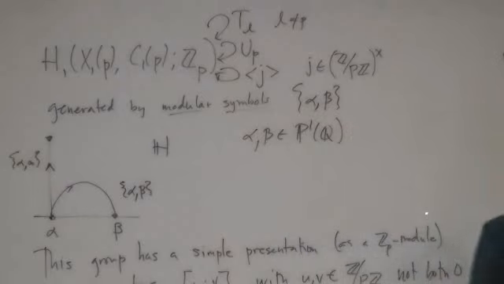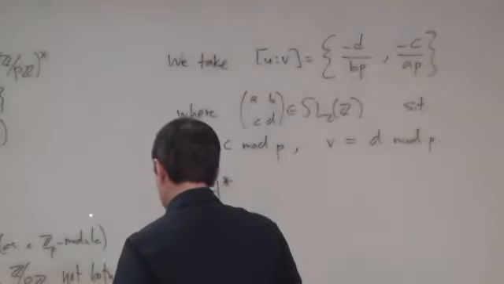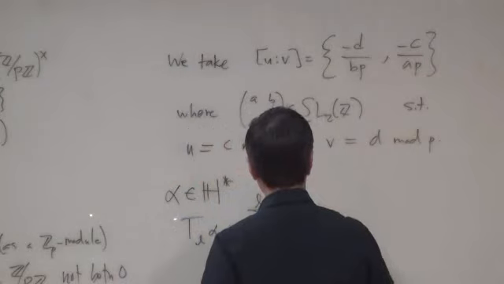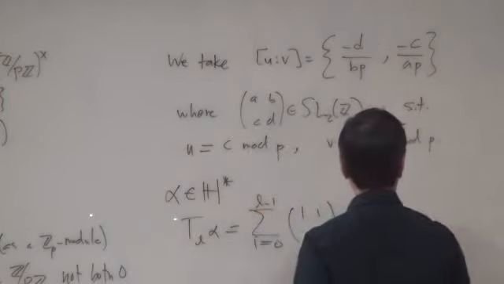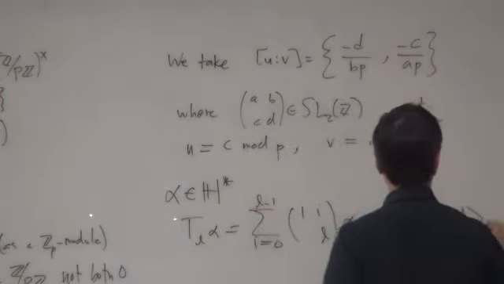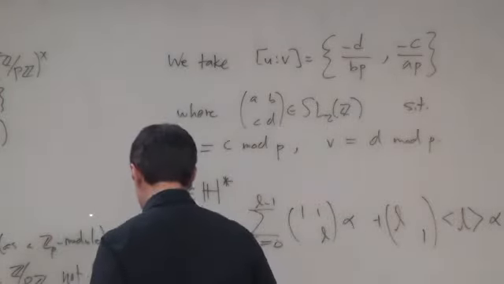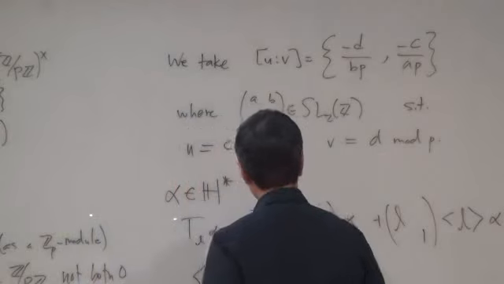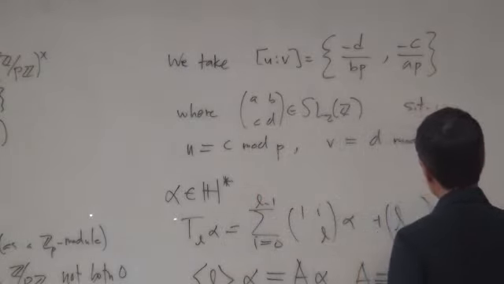Let me briefly say how the Hecke operator acts on an element of H_1. T_l alpha is the sum over i from 0 to l-1 of (1 i; 0 l) alpha, plus (l 0; 0 1) <l> alpha, where the diamond operator <l> acts as A times alpha, where A is a matrix which is congruent to l inverse, l mod p.